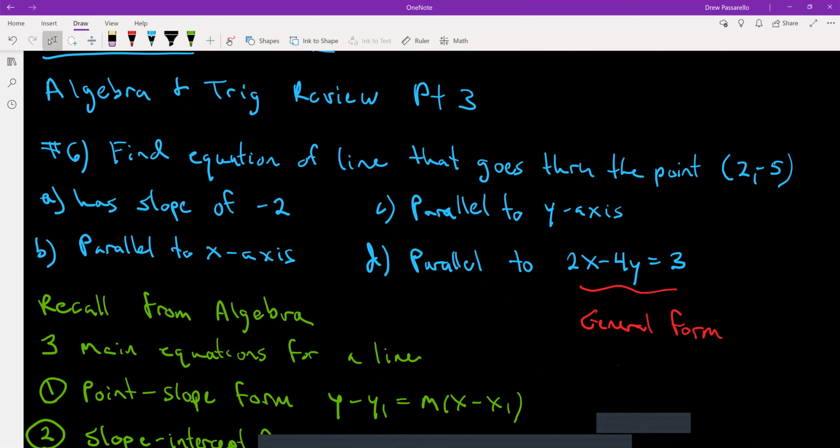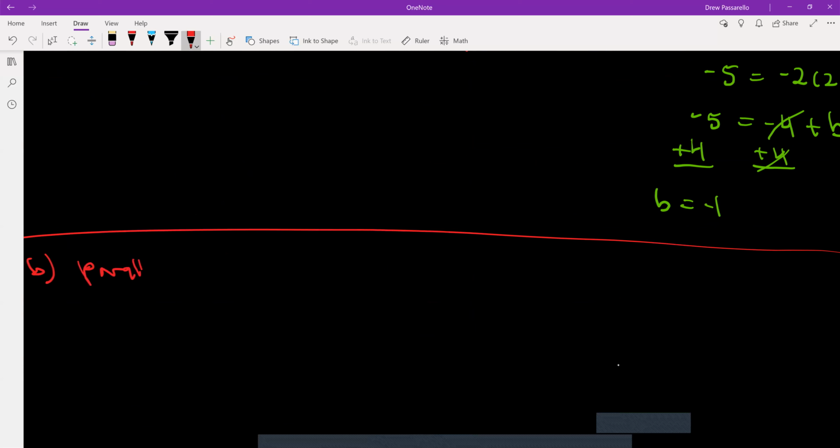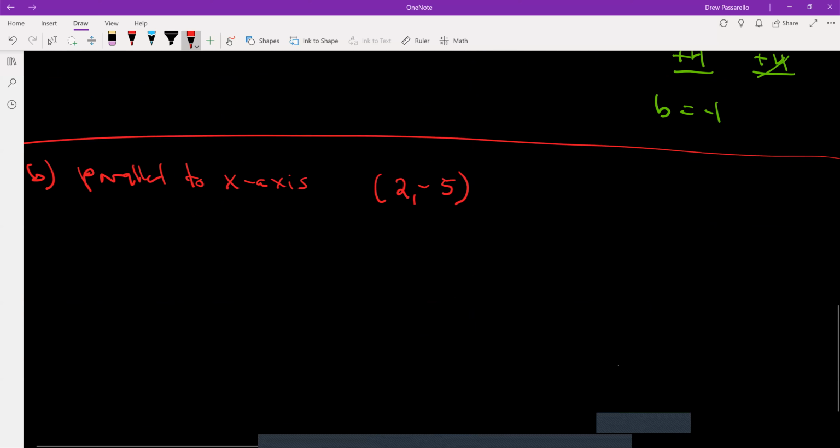All right, part B deals with being parallel to the x-axis. And again, the point was (2, -5). Now I like to just visualize what's going on here. So the point (2, -5).